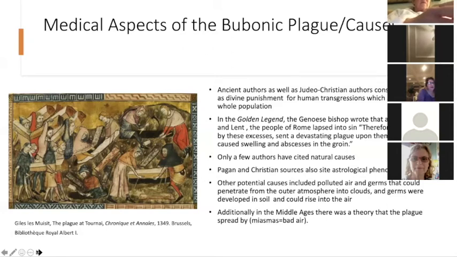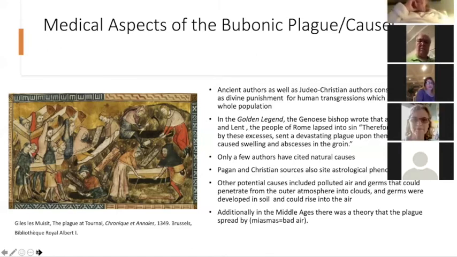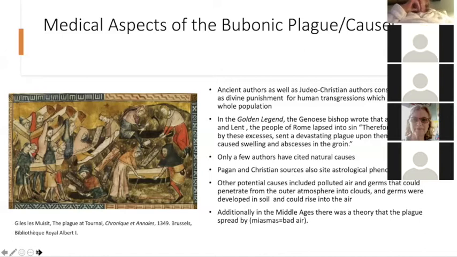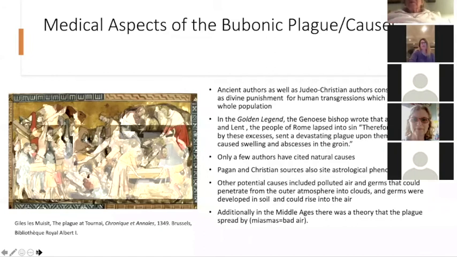Pagan and Christian sources, and there are multiple sources that cite this, cite astronomical phenomena. And then there are other sources citing polluted air that comes from clouds or from the ground. And then there's this idea of miasma, bad air. The image on the left is from Belgium.